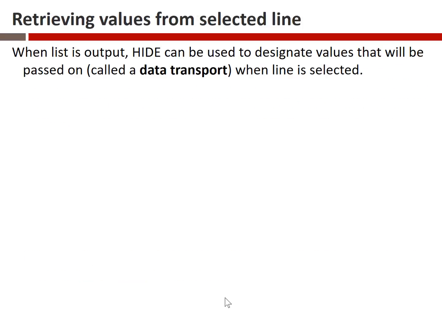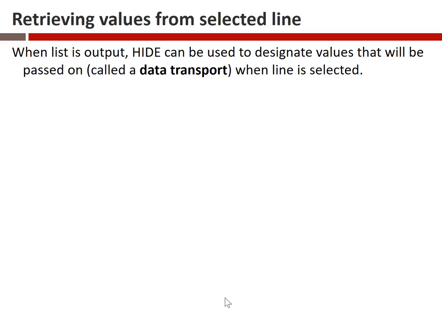So I can do that by adding to the output on screen 1 the hide statement. And the hide statement allows me to designate values that will be passed on.